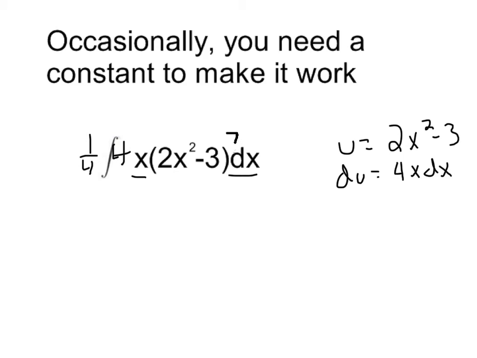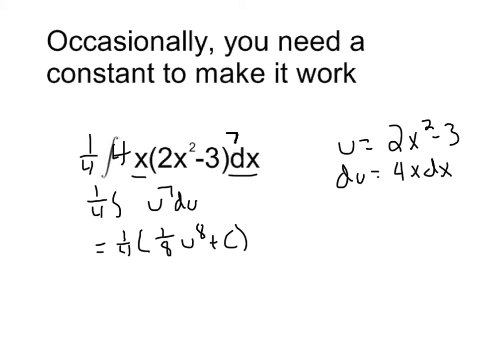Once I do that, I can rewrite this integral as 1/4 the integral of u to the 7th du, which would be equal to 1/4 times 1/8 u to the 8th plus c, or 1/32 times 2x squared minus 3 to the 8th power plus c.